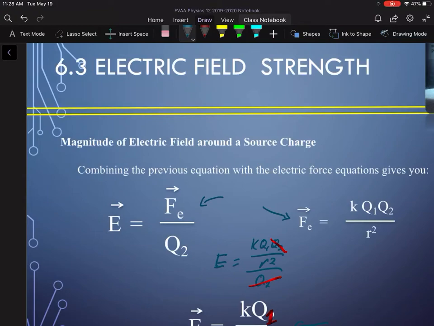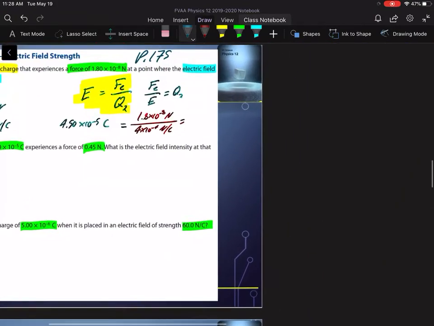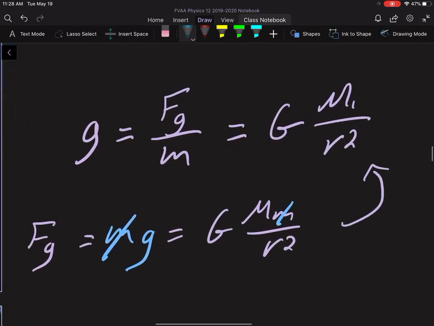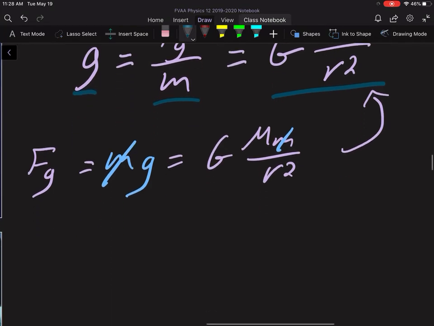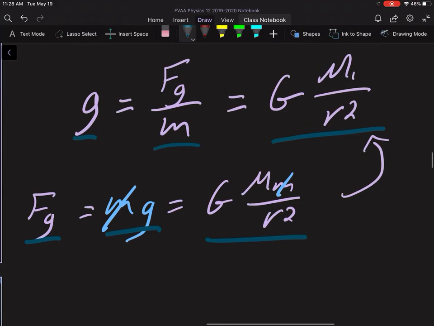Now for this next section, we come up with a second equation for electrical field strength. When we go back to gravitational field strength, you'll remember it actually had 2 equations. It's equal to force gravity divided by the mass of the object, but it's also equal to this here. And if you remember how we got this equation for gravitational field strength g, it's down here, kind of the proof, where Fg is equal to m times g, and then the m's cancel out to give us this equation.